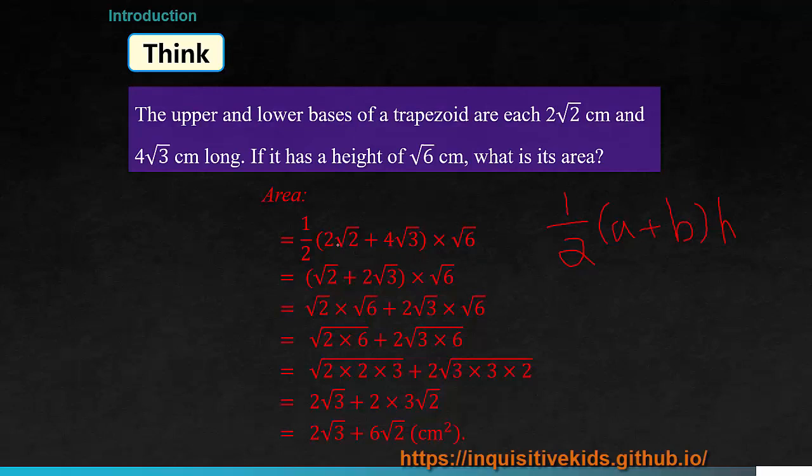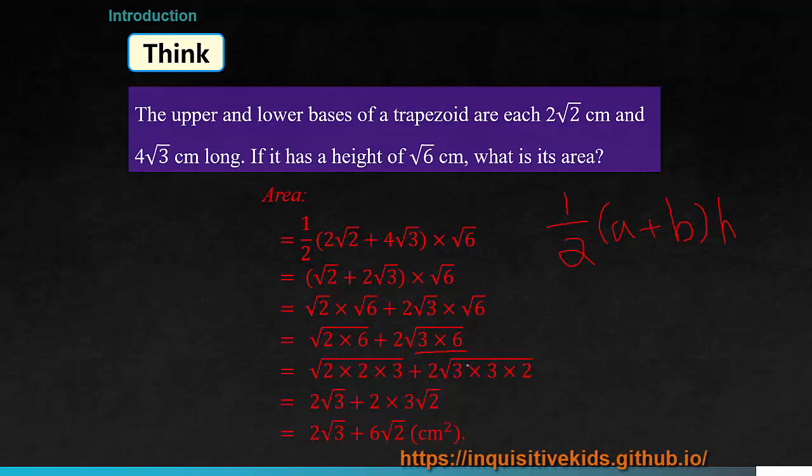And then first we distributed this 1/2 into the parentheses. And we are left with the arithmetic square root of 2 plus 2 times the arithmetic square root of 3 times the arithmetic square root of 6. And then after that we apply the distributive property of multiplication again to get the arithmetic square root of 2 times 6 plus 2 times the arithmetic square root of 3 times 6.